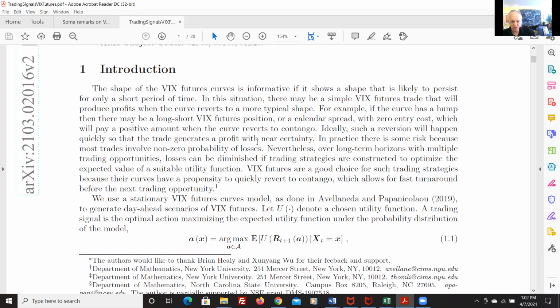So in those conditions, what should I do as an investor in the VIX futures complex? Well, I can use the stationary VIX futures curve model, which I just talked about, pick a utility function, and create a trading strategy over acceptable strategies, which I'll now describe, that maximizes my utility. So then I go back to the Merton context. It's a little more complicated because, what exactly am I investing in?